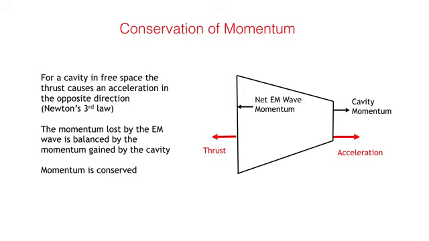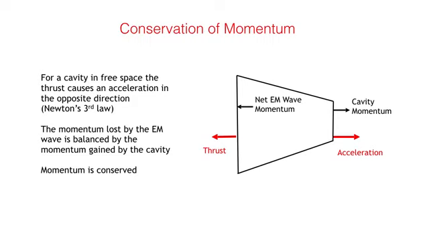Thus the thrust caused by the internal force imbalance against the large end plate is seen as a force pushing against the outside world. The end plate, remember, is a non-elastic material. For an unconstrained cavity, Newton's third law says that this force must be balanced by an acceleration in the opposite direction. Now, this effect has been consistently measured in experiments.